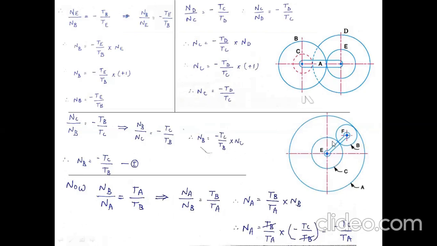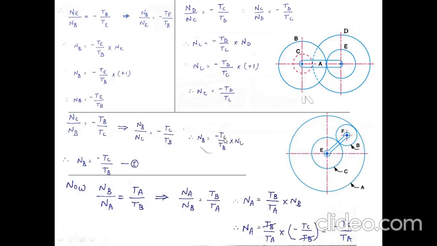NC is here the driver. Why? Because we are giving 1 revolution to gear C. So NC by NB is equal to TB by TC, and both form an external pair, so the sign will be minus. So I am taking the reciprocal of that. NB upon NC is equal to minus TC upon TB.